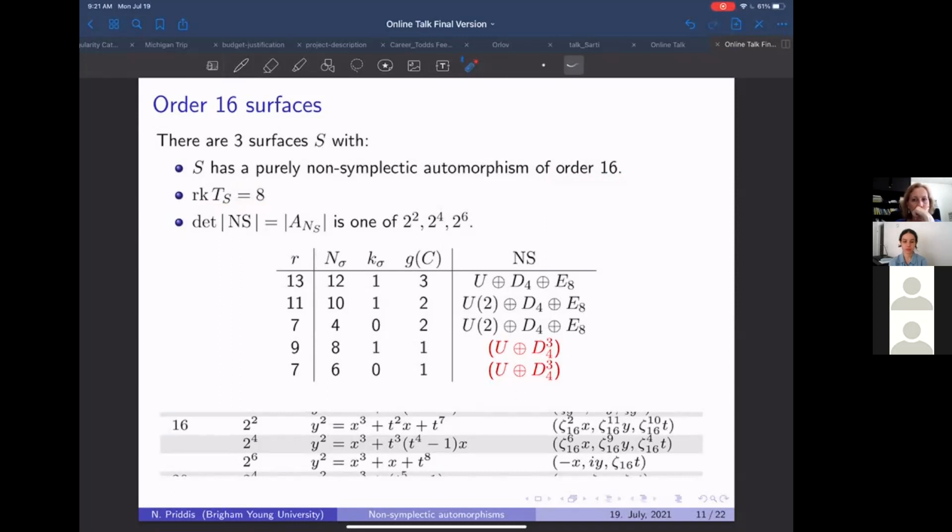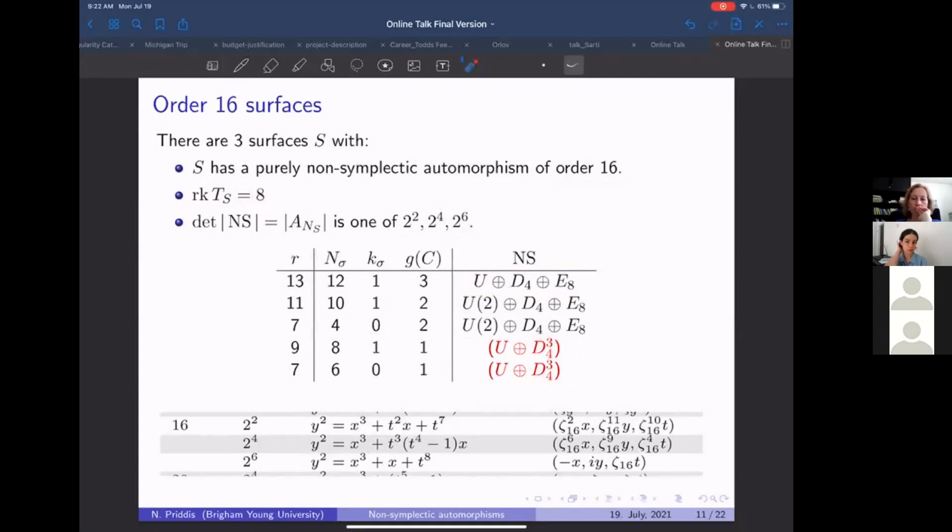And the determinant of the Néron-Severi group will be one of these: 2 squared, 2 to the 4th, or 2 to the 6th. And again, you can see those in this table here. This one has determinant 2 squared. This one has these two. This Néron-Severi group has determinant 2 to the 4th, and this one 2 to the 6th.